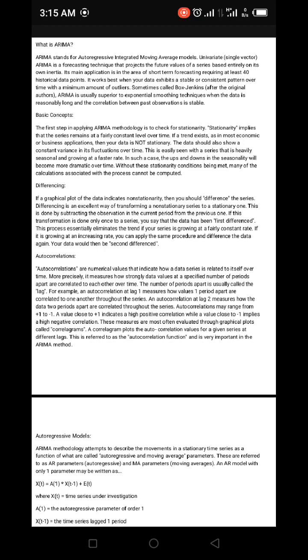First, the ARIMA model mostly checks on stationarity. Stationarity simply means how stable a series is over time. Stationarity, stable; that's why it's called stationarity.